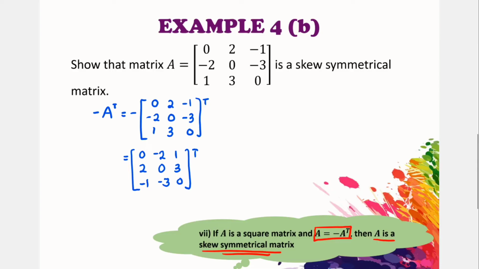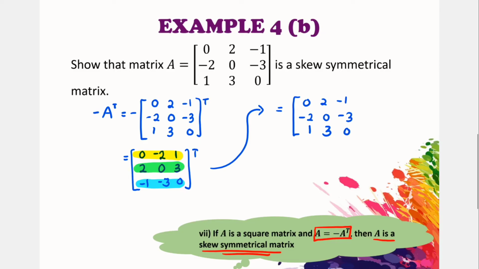And next, I am going to transpose the matrix. Let me write it here. The first row will become the first column: 0, negative 2, 1. And then the second row will become the second column: 2, 0, 3. And lastly, the third row becomes the third column: negative 1, negative 3, 0.